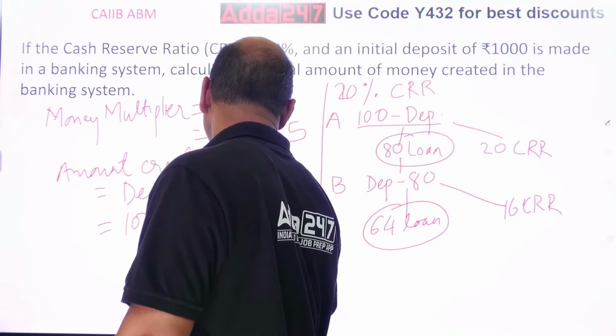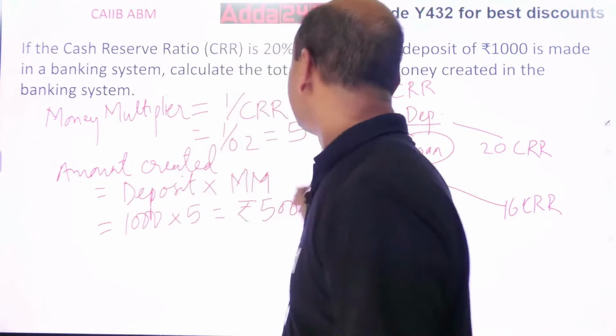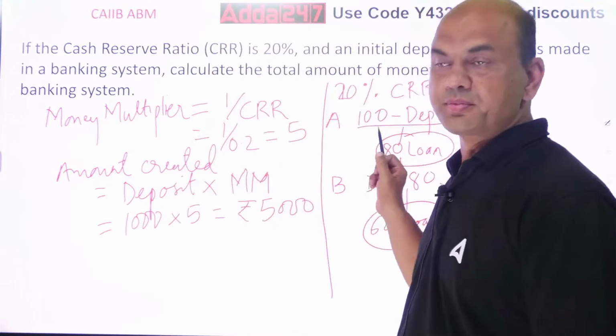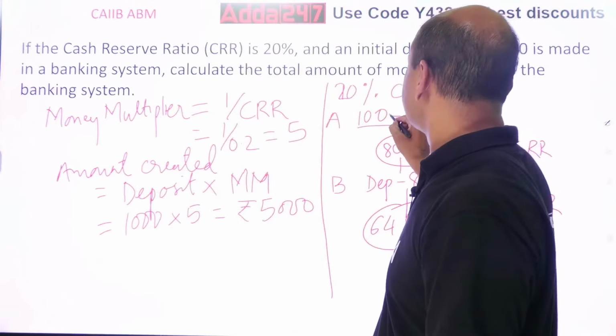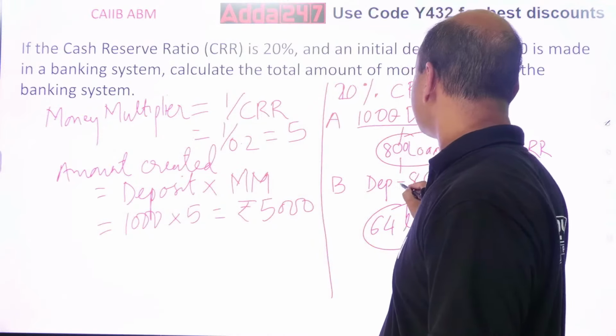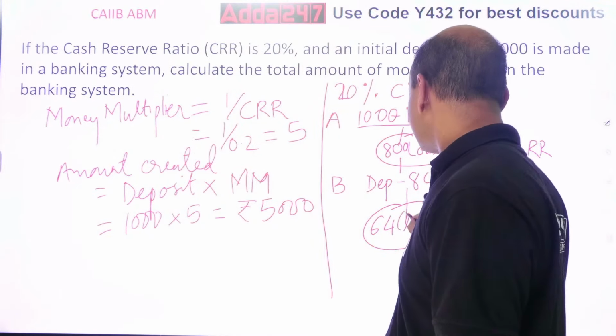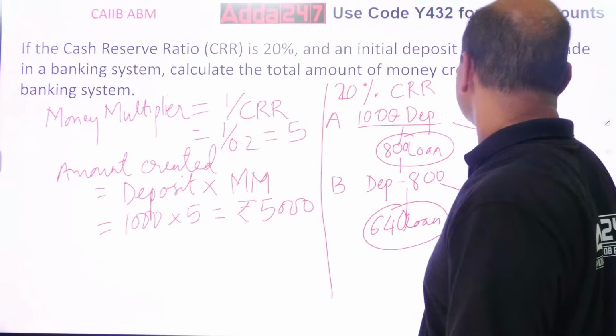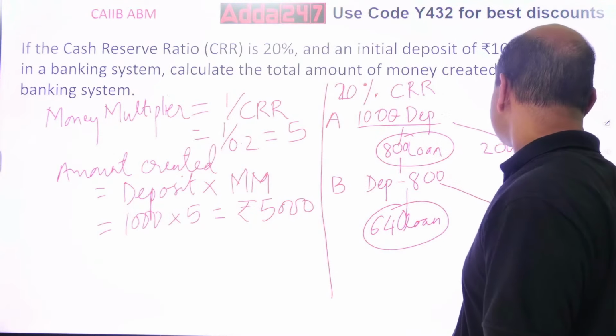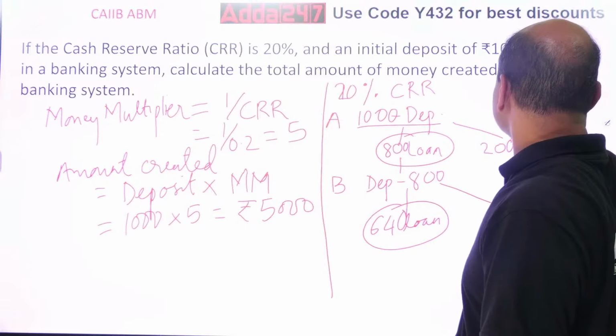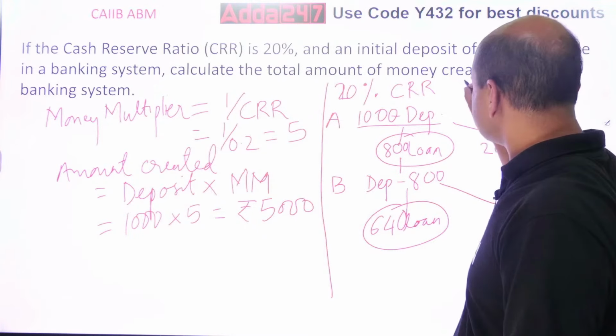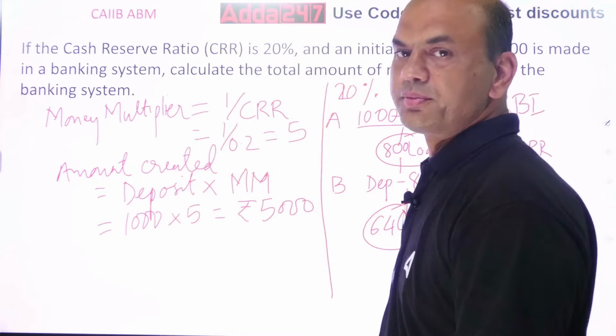So by making a deposit of 1000 instead of this 100, the loans go 800, 640, and so on. Again 200, 160 go to RBI, and the rest goes into the system as a loan.